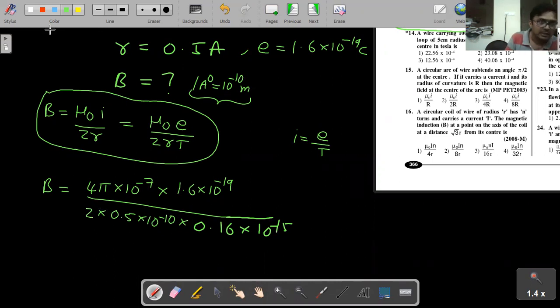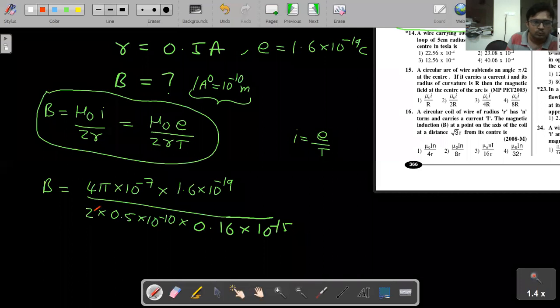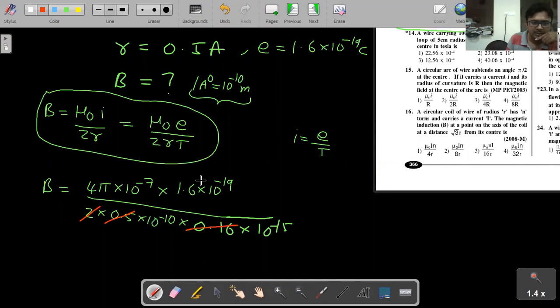First of all, 2 can cancel with 0.5. And here 1.6 and 0.16 means it will become 10 times.